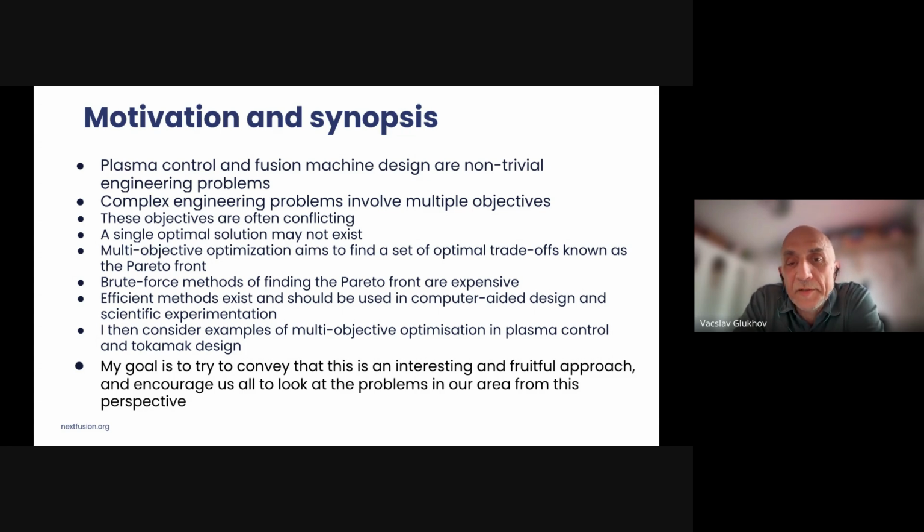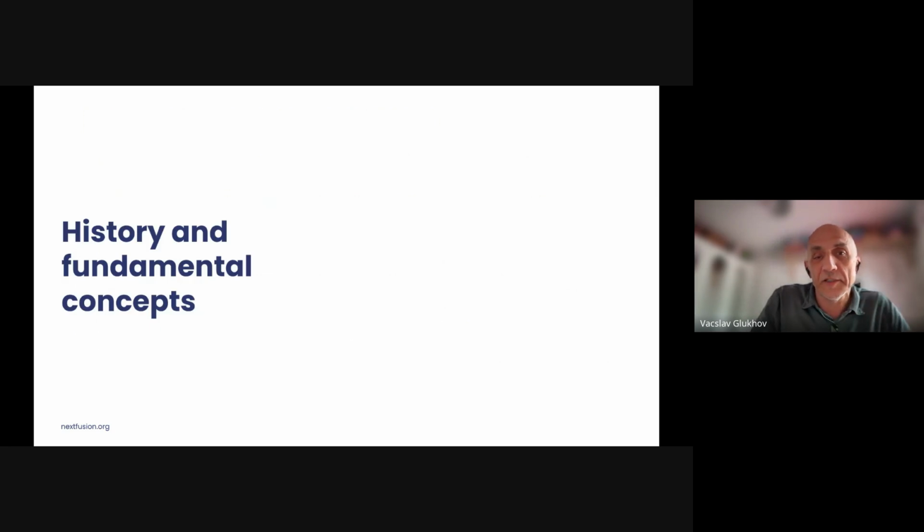My goal is to try to convey that this is an interesting, fruitful, and potentially very productive perspective. And I encourage the audience to look at the problems in our area, in fusion design and fusion technology, from this perspective. So let's go ahead.